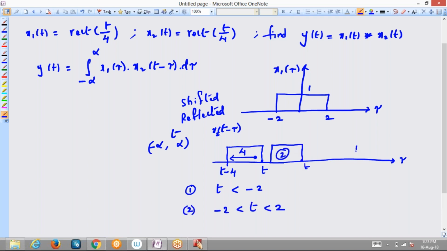And in the third case, let us consider t value greater than 2. So let us find the convolution integral in these three cases.